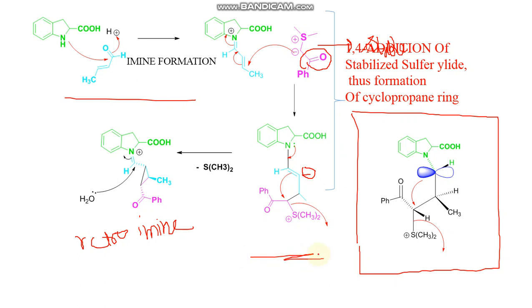This is the attacking step and the cyclopropane ring formation step. The lone pair is coming here, and this double bond is making a negative charge here. So this is the electron-rich carbon atom, which has an electron-rich lobe like this. This lone pair or electron-rich lobe will make an orbital overlap with this carbon-sulfur sigma star so that it can leave out this carbon-sulfur.